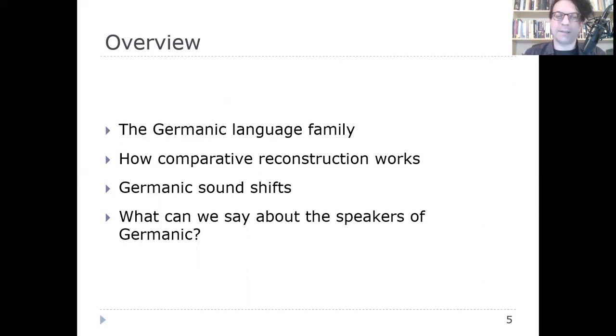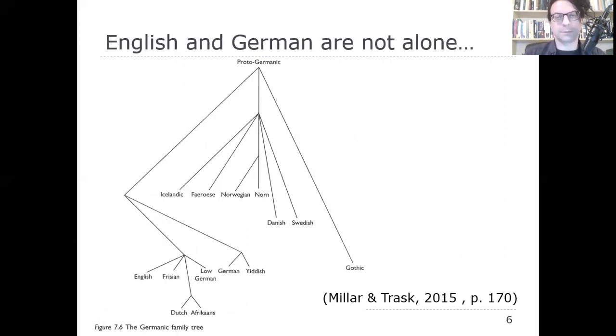And then lastly, there will be a little bit about culture or history or archaeology, where we will go a little bit beyond linguistics and say, what else can we say about the speakers of these Germanic languages? Okay, English and German are not alone in having so much in common.